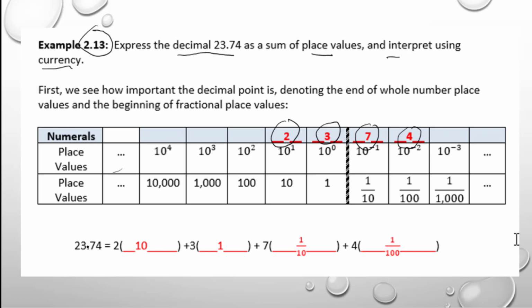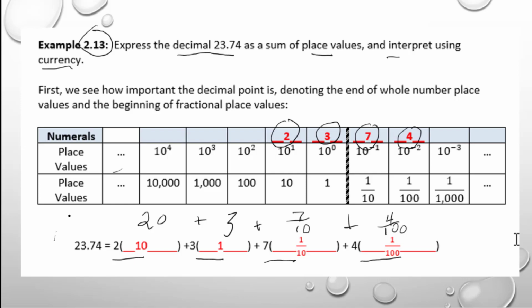Looking at it more closely, there's 2 tens plus 3 ones plus 7 tenths plus 4 hundredths. That would be 7/10, and that would be 4/100. This would be 20 plus 3 plus 7/10 plus 4/100.